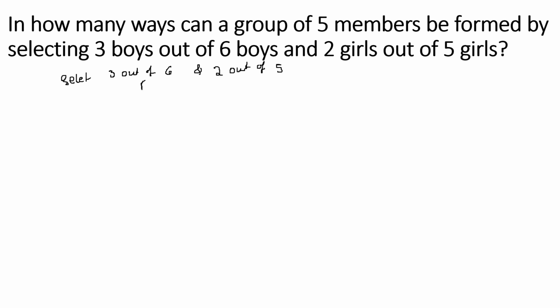So out of 6 boys, we have to select 3. So 6C3. Since you have to select both boys and girls, we have to AND. So whenever you have AND, you have to multiply. 2 out of 5. So 5 options, you have to select only 2. So 5C2.